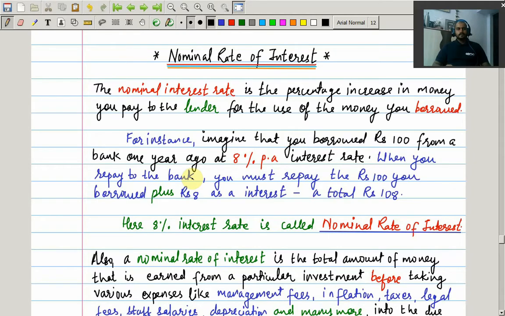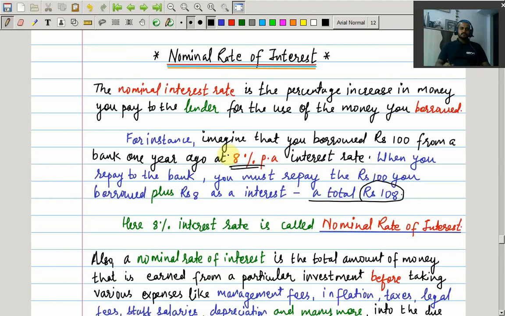When you repay to the bank, you must repay the rupees 100 you borrowed plus 8 rupees as interest. So the total amount you pay is rupees 108. So this rate of interest is called nominal rate of interest.